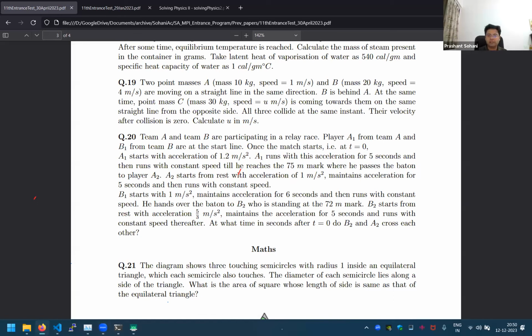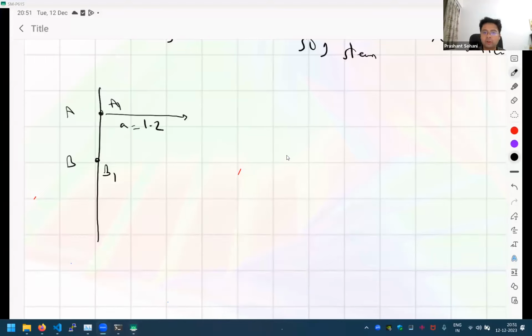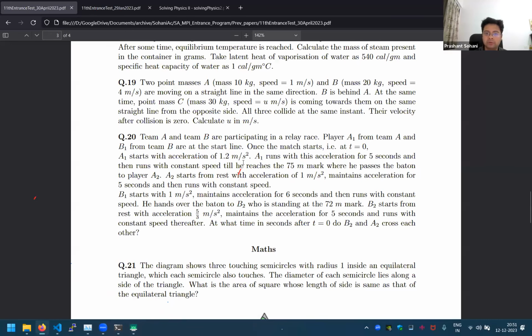So A1 starts at t equal to 0, and A1 starts to accelerate at 1.2 meter per second square. So in my diagram, I can show that A1 is going to accelerate at 1.2 meter per second square. And how long does he accelerate? It is given, for 5 seconds. So at t equal to 0 he is here, and up to t equal to 5 he is accelerating.